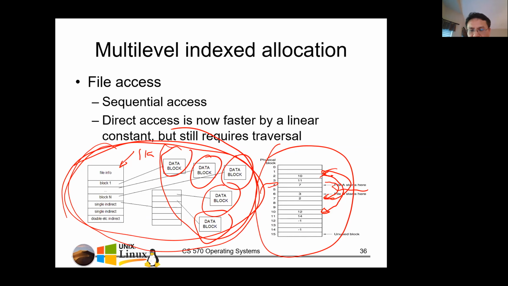But of course, multi-level indexing still requires traversal through the multi-level indexing structure. But in general this is faster than the linked list.